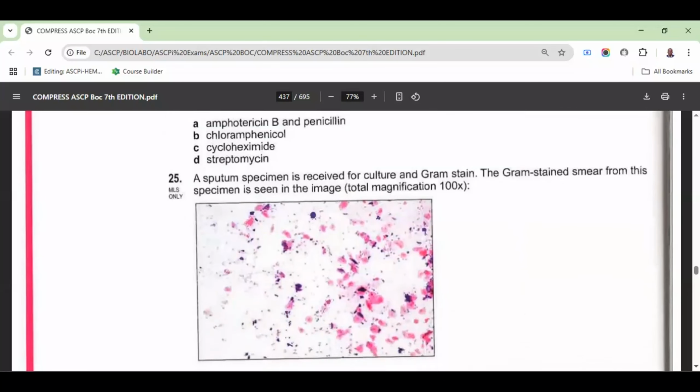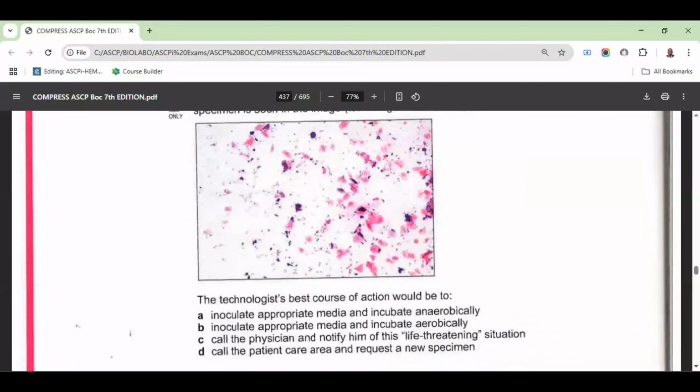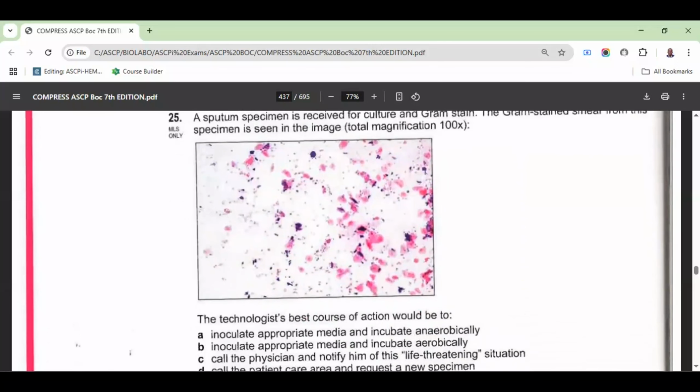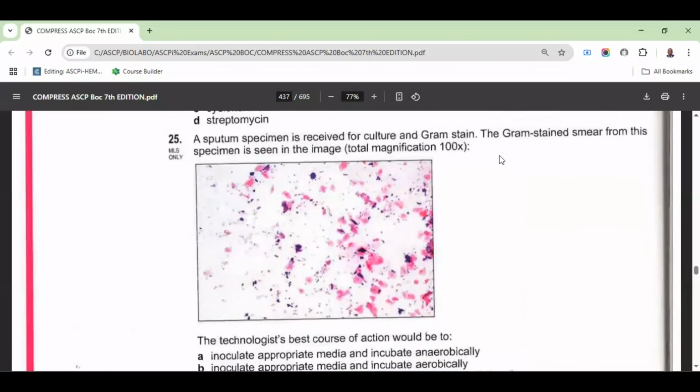Now, here you have a picture. Look at this microscopic slide. The total magnification is 100, which means it is a low power field. Now they say the sputum specimen is received for a culture and the Gram stain.